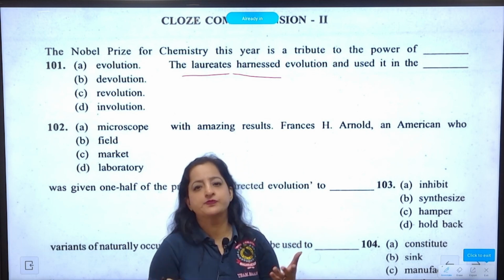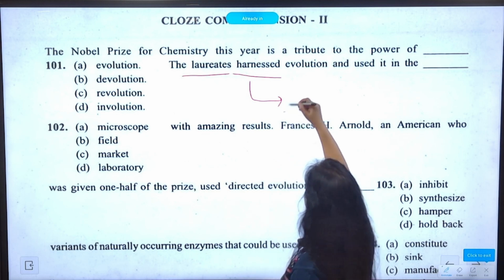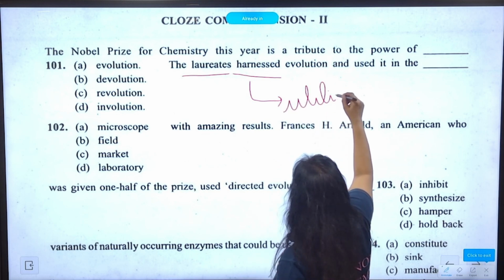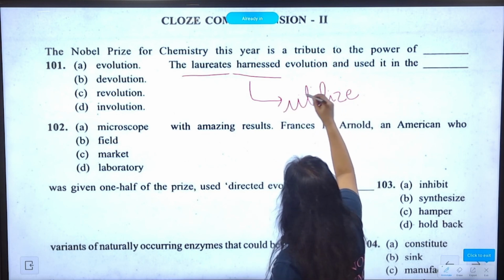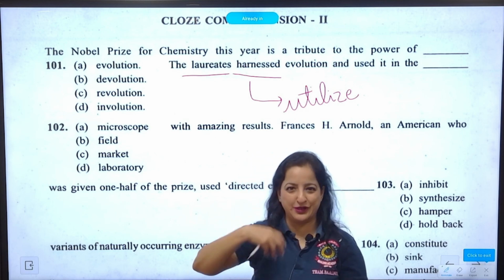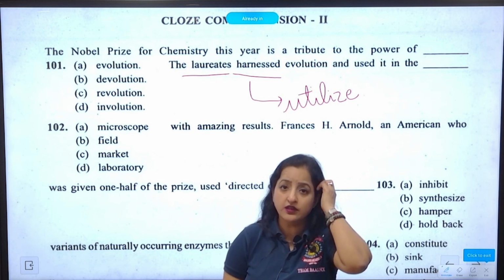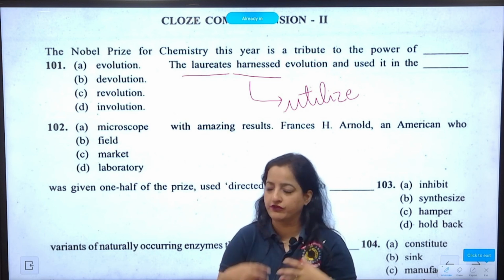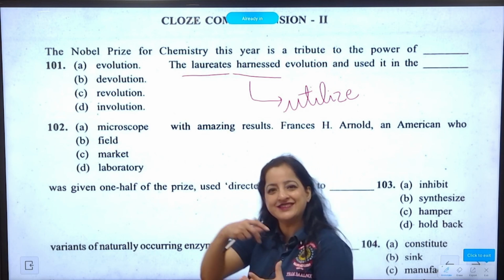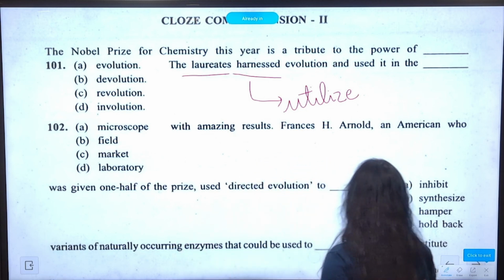Yeah? So those people are laureates. Also, what is harness? Harness is utilize. If you harness the potential of someone, you are using that potential for your advantage. That's how the word harness is used like a verb, to make use of something. So we harness electricity, right, this way. Okay, so those two words were there on my mind.